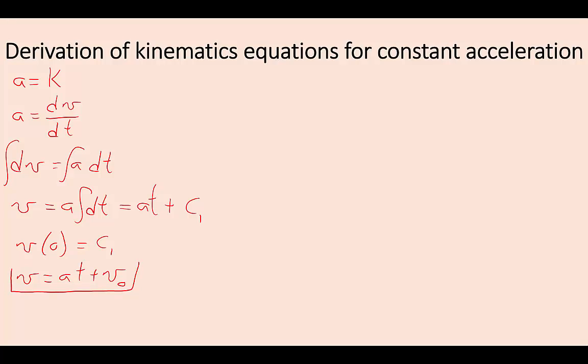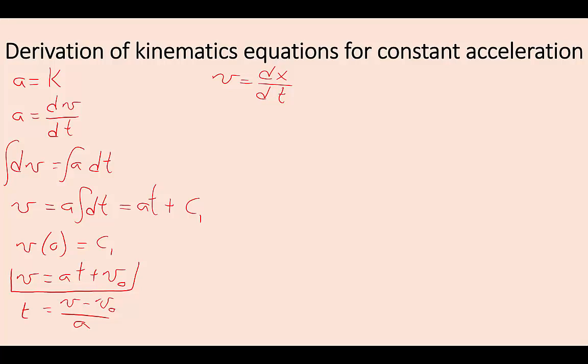Now, oftentimes we want to look at this in terms of time as well, because that's what we are interested in solving for. So if we rearrange this for time, we have that time is equal to v minus v naught over a. So keep that in the back of your head as well. That's our first equation. For our second equation, we had said a couple of slides previous to this that v is dx dt.